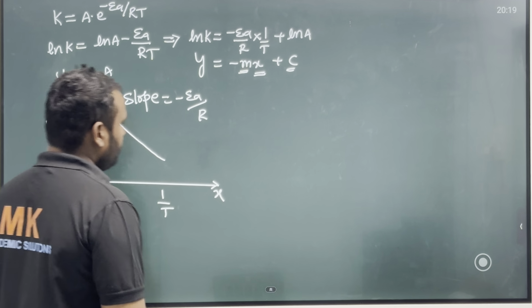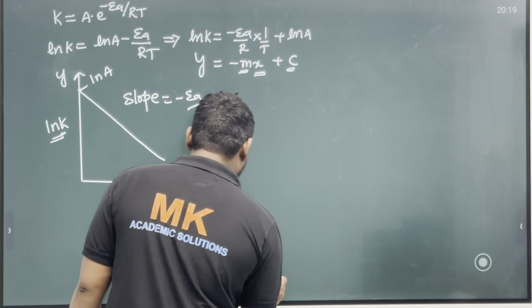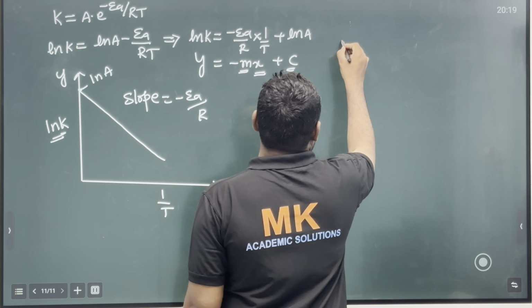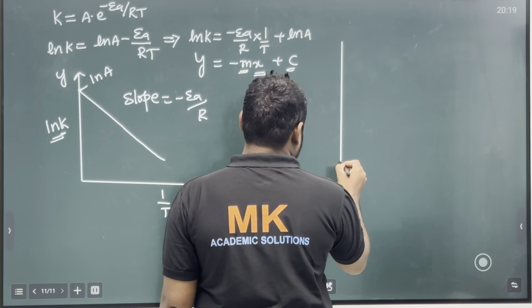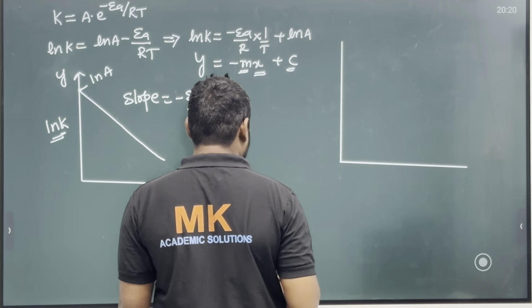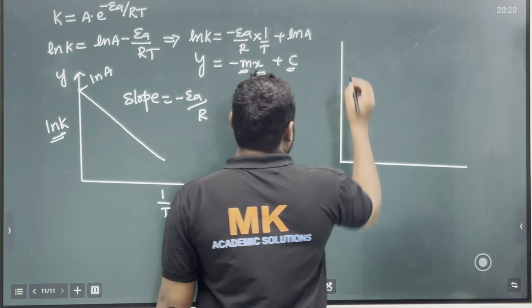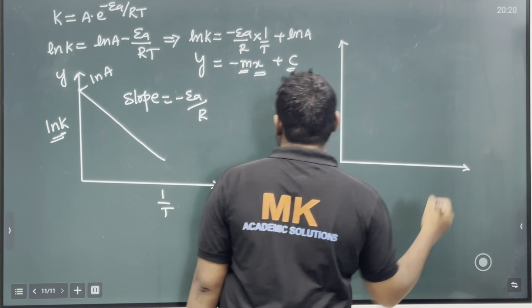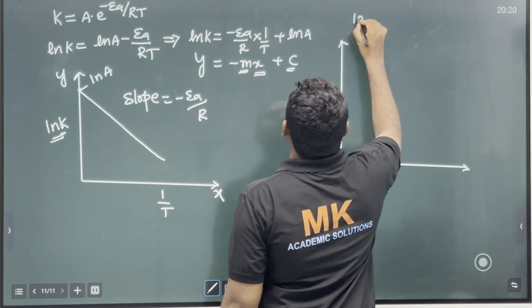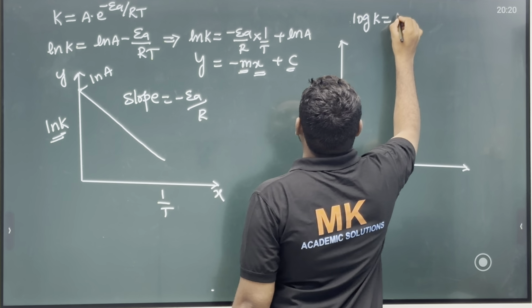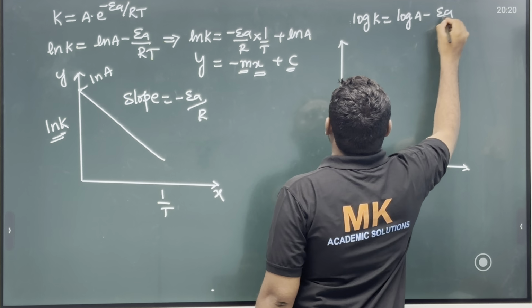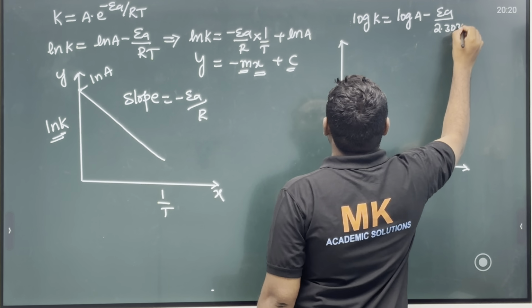Or else you can draw the same graph for another equation. This equation we can write as log k is equal to log A minus Ea by 2.303 RT.